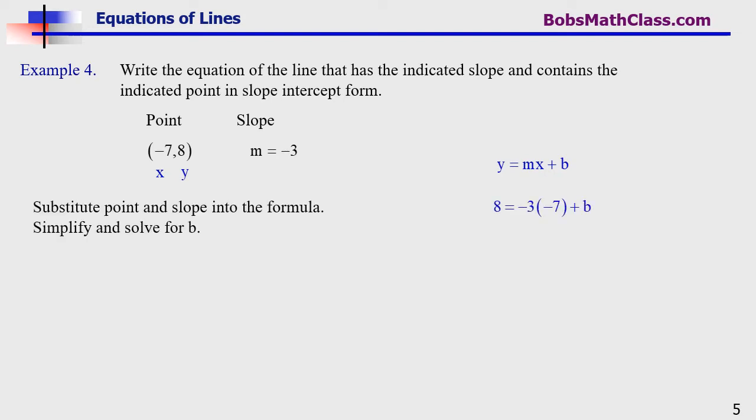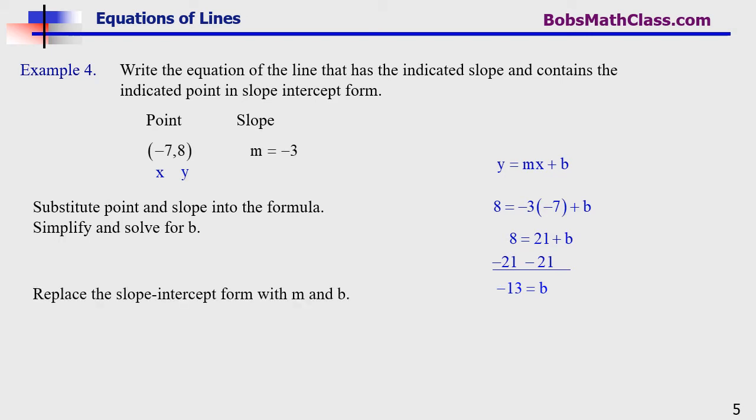So 8 equals -3 times -7 plus b. -3 times -7 is 21. Subtract 21 on both sides, and you get -13. So we have our m and we have our b. Put it into our handy-dandy formula. Y equals -3x minus 13.